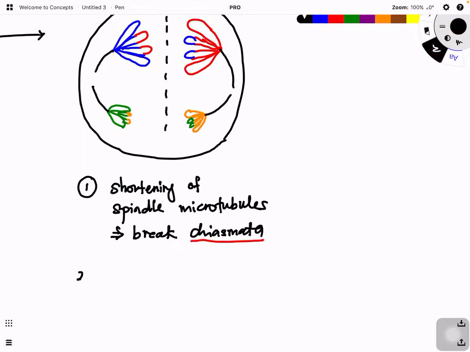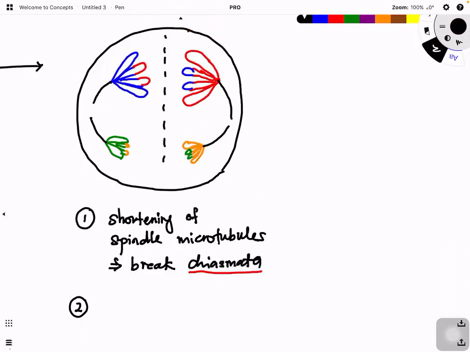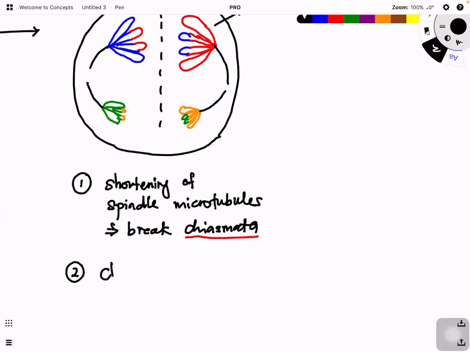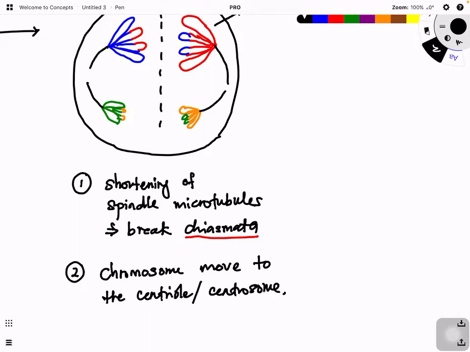And when they break the chiasmata, it's not the sister chromatids; the entire unit, can you see, is still a chromosome. So the chromosome moves to where? In animal cells, we say move to the centrosome or centriole, away from the metaphase plate.